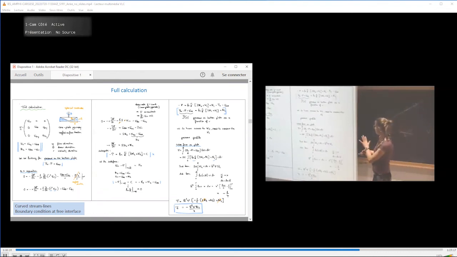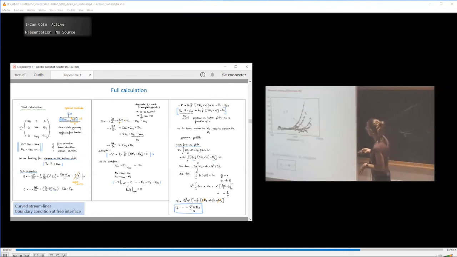Okay, so normal stress differences can be measured. They are not easy to measure, and it's not always easy to understand exactly where they come from. But for these dilute polymer solutions, we can actually measure them.